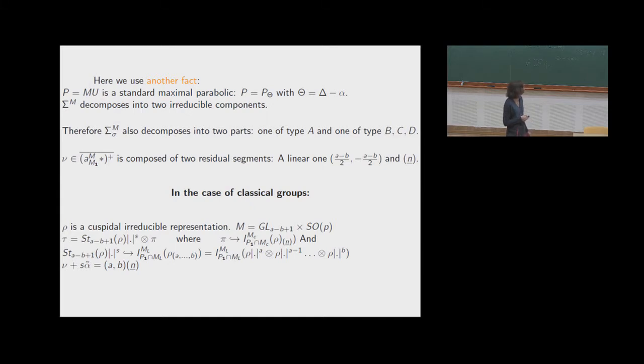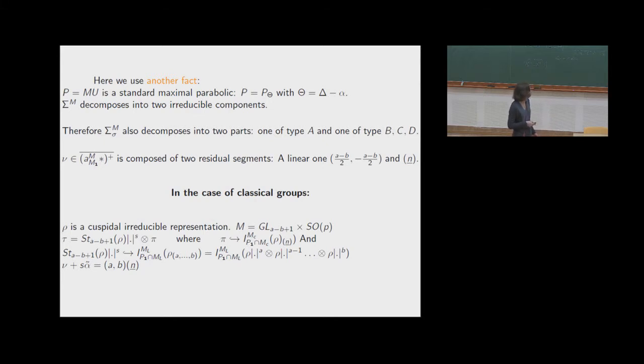So my discrete series tau is a Steinberg and pi, which by the theorem of Heiermann-Opdam should embed in this induced representation where M c is just SO P. Here you have a dominant residual point corresponding to this generic discrete series. And you know that the Steinberg also embeds in the GL part, and there is this segment given by the definition of the Steinberg.